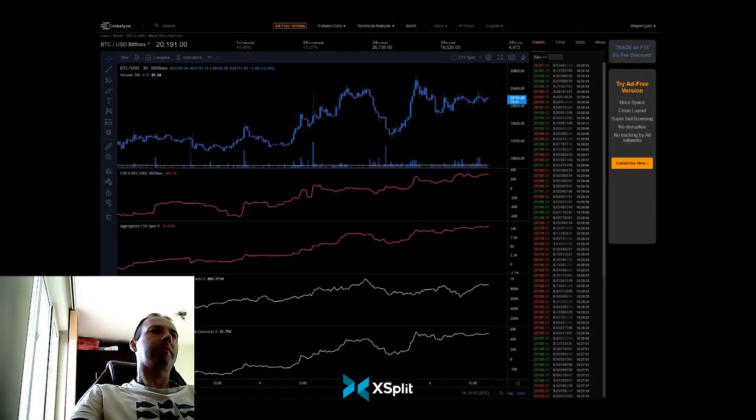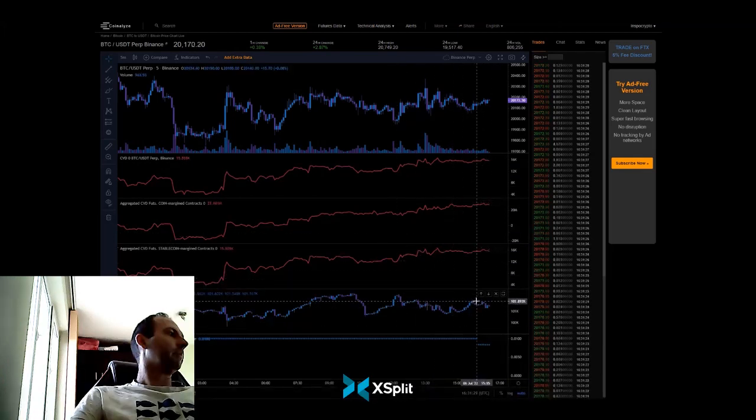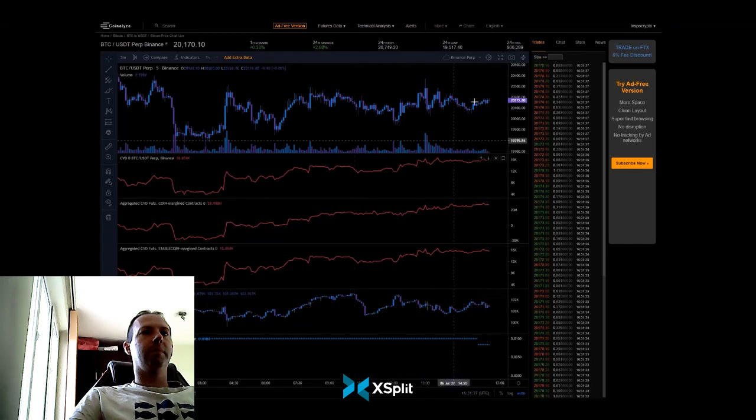And Bitfinex also buying, not big, but also here buying in CBD. And we have that funding rate on Binance, it's declining right now. And also the open interest. We need to be careful here a little bit.